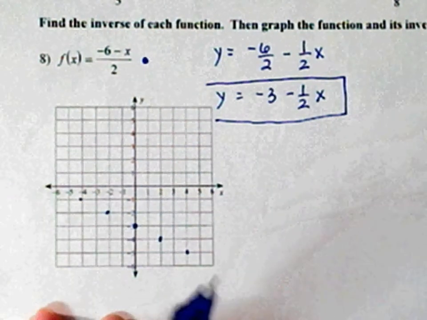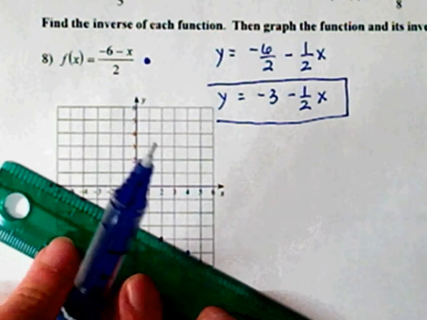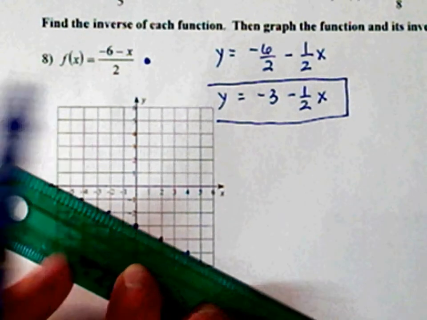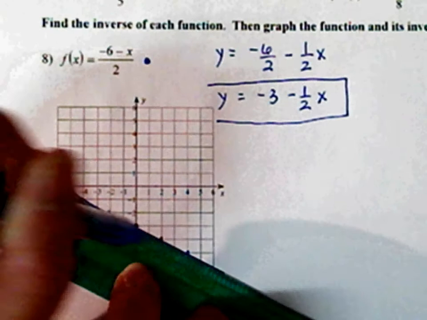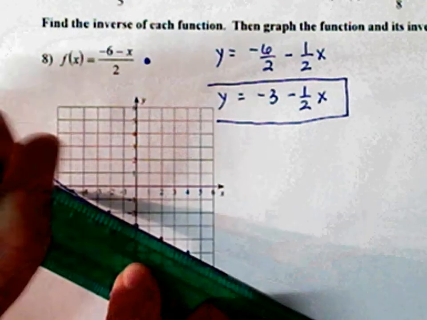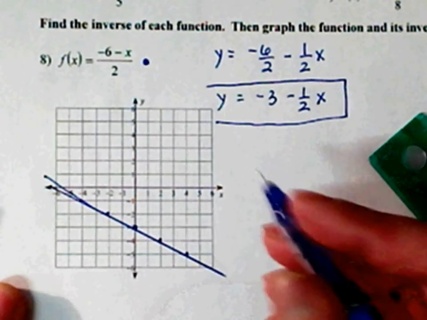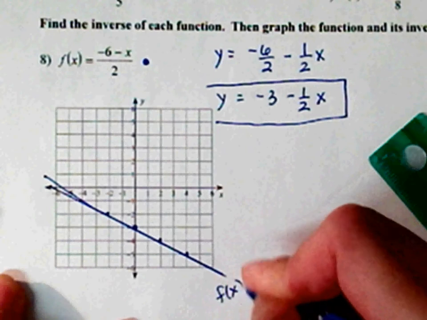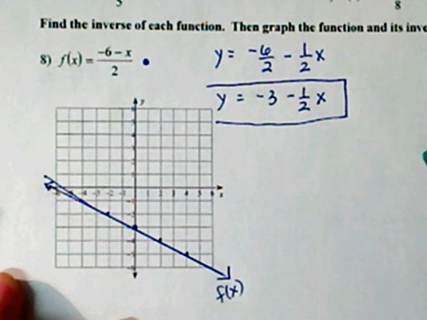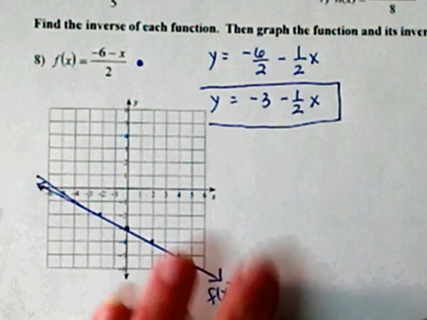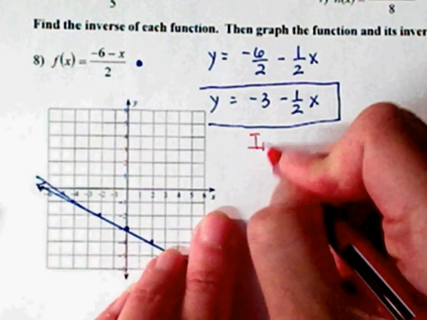Connect all your points. You only really need 2, but when you have a lot more, the picture will look better. Okay, so there's your f of x function right here. Now your inverse, I'm going to do it in red. To find your inverse, you're going to switch your x and your y.